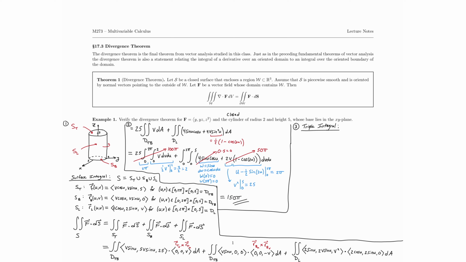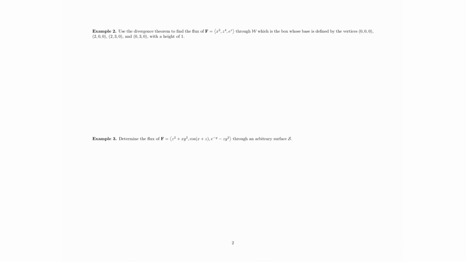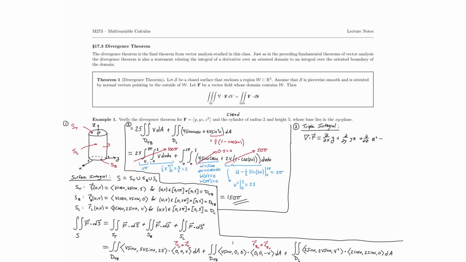Okay. So for the triple integral, we need to know the divergence. So the divergence of the vector field F is the x partial of y, right? We haven't done divergence in a while. So it's the x partial of y plus the y partial of yz plus the z partial of z squared. Which is equal to 0, z, 2z added together.